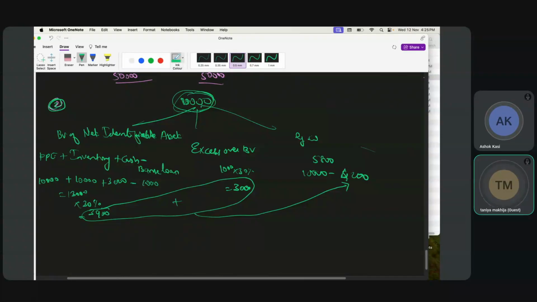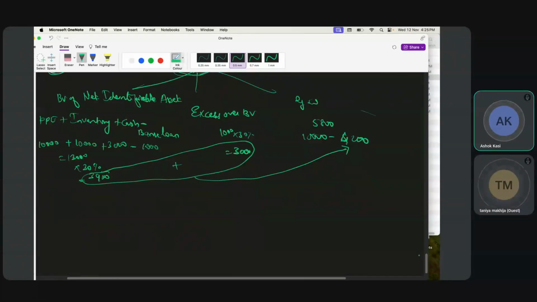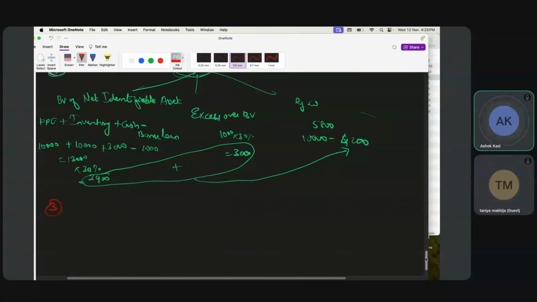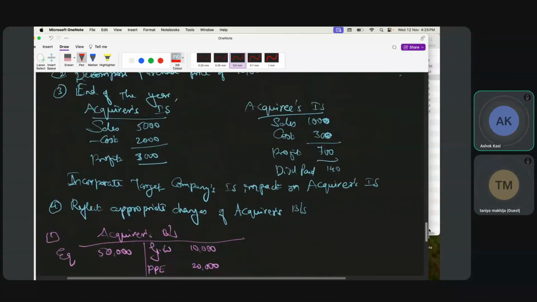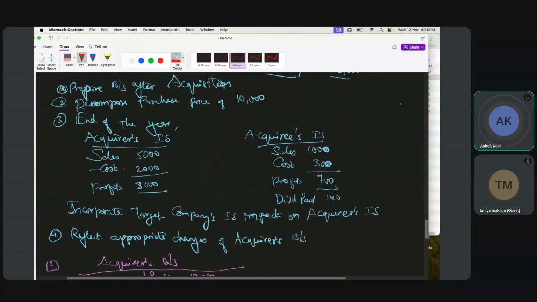Okay, done, the second question is over. Now the third one. What's the third question? At the end of the year.